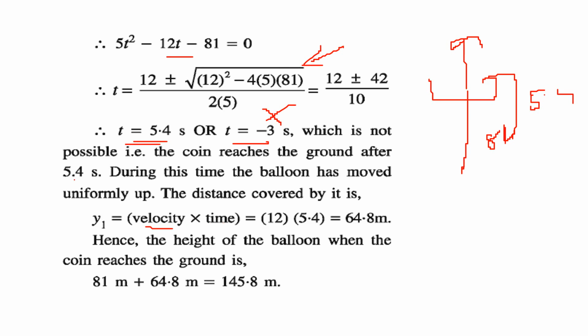The time is 5.4, so how much has it gone up? 64.8. So 81 plus 64.8 is the height of the balloon when the coin actually touches the ground.